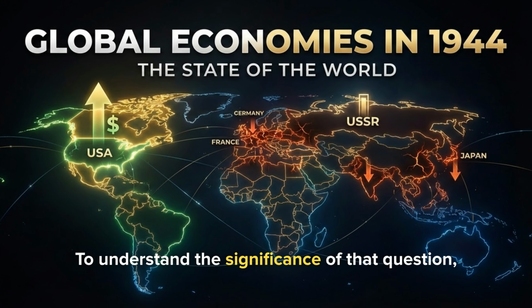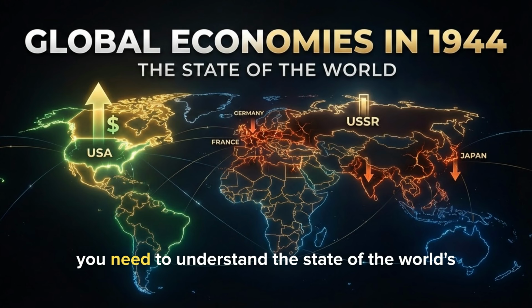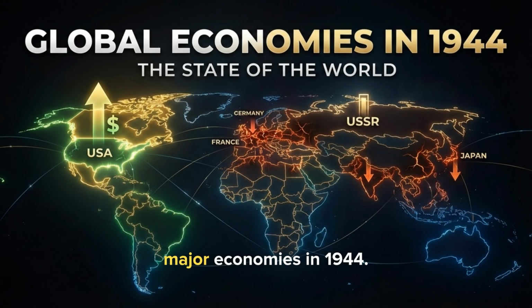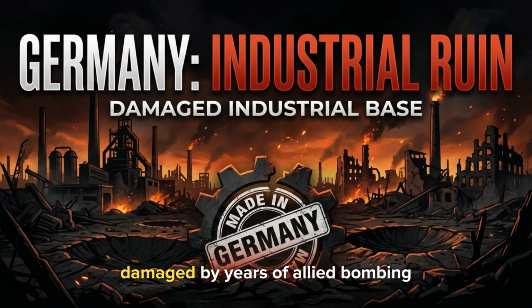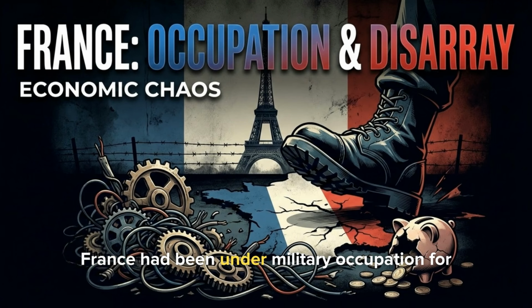To understand the significance of that question, you need to understand the state of the world's major economies in 1944. Germany's industrial base had been severely damaged by years of Allied bombing campaigns. France had been under military occupation for 4 years, and its economy was in disarray.